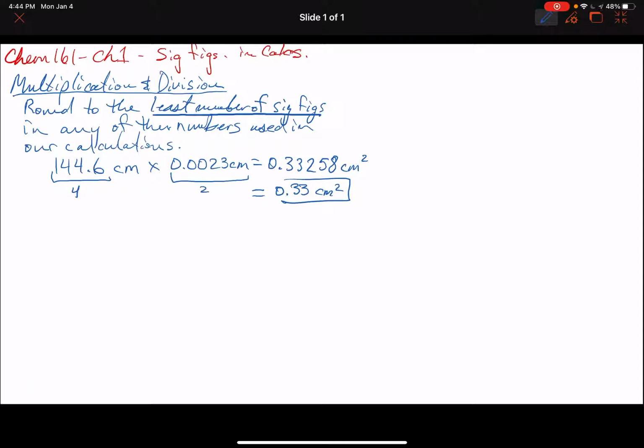Okay, as a word example, you might have something like this.